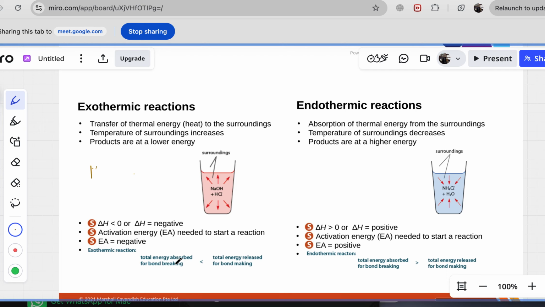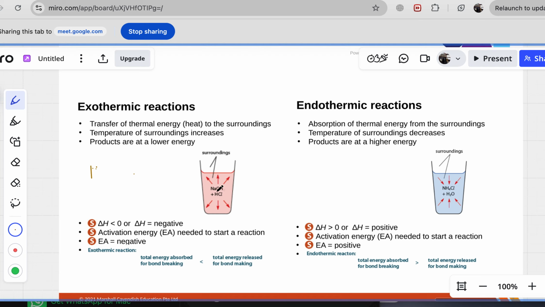The total energy absorbed in breaking bonds is less than the energy released in making new bonds. You have to break bonds before you can make new bonds. So that's for exothermic. For an exothermic reaction, the energy in breaking bonds is smaller than the energy in making new bonds.